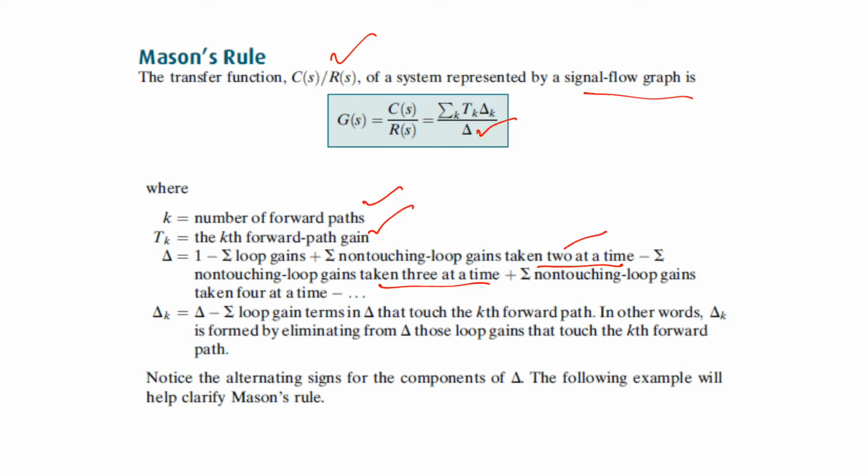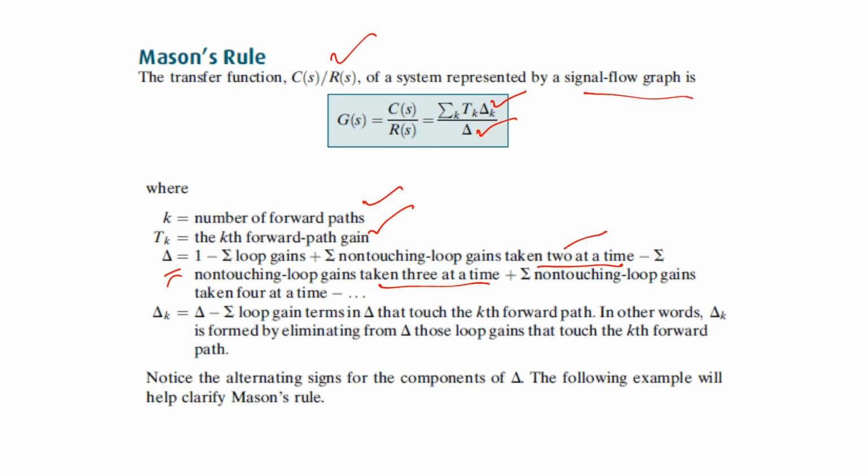Now one more thing is left, which is delta K. Delta K is this delta minus the summation of loop gain terms in delta that touch the kth forward path.